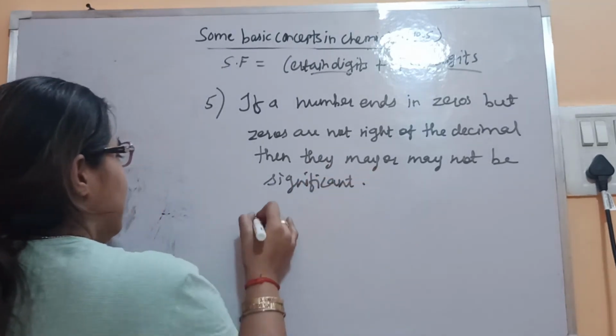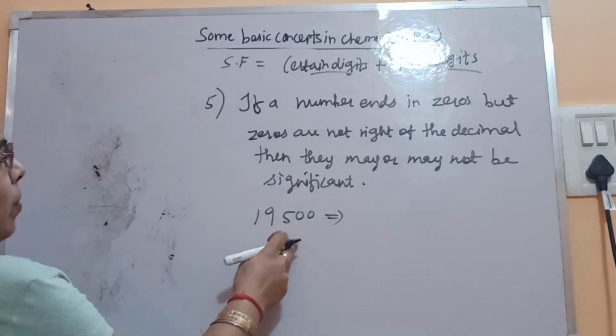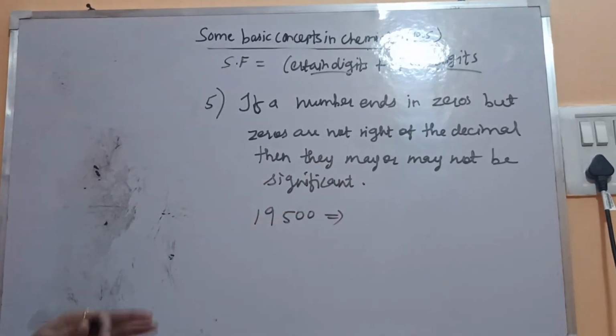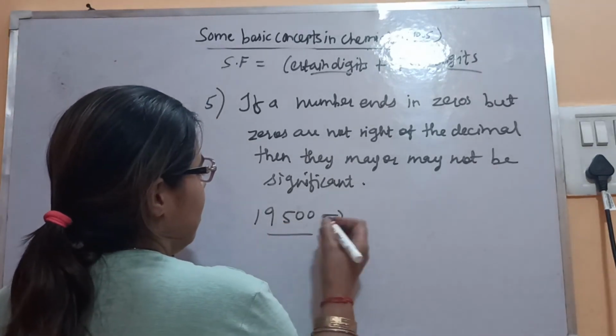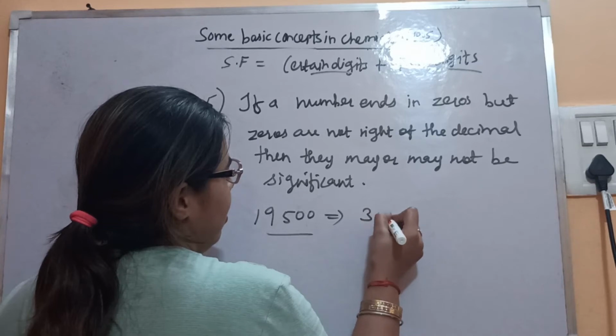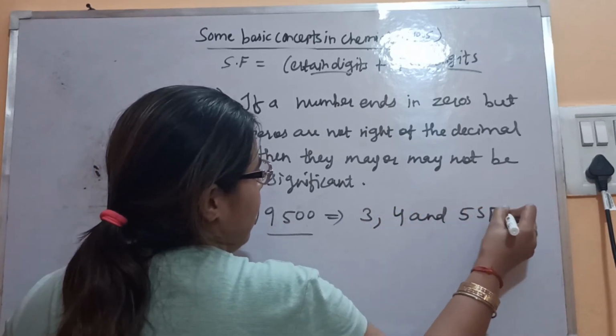For example, let's say 19500. This is a number, zeros are there but not to the right of the decimal place. So these zeros may or may not be significant. Fine, so this number can have 3, 4 and 5 significant figures.